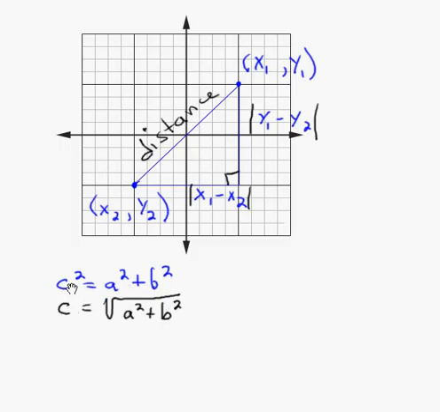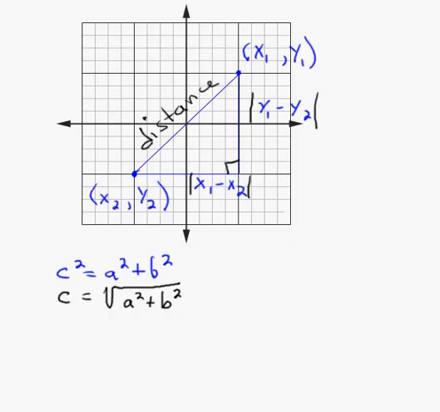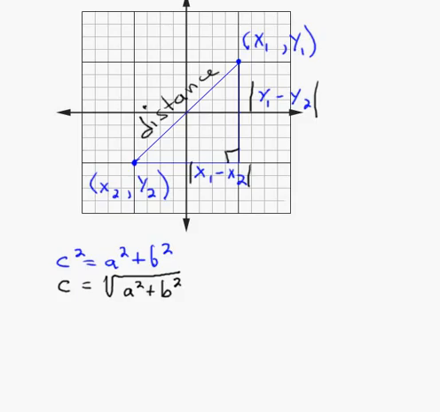Instead of leaving it that way, we're going to solve for c, and the way to do that is to square root both sides. What I'm essentially doing right now is deriving the formula. You will not have to derive it, but you will have to know it and know how to use it. So instead of c, the hypotenuse in my graph, I'm representing it as the distance.